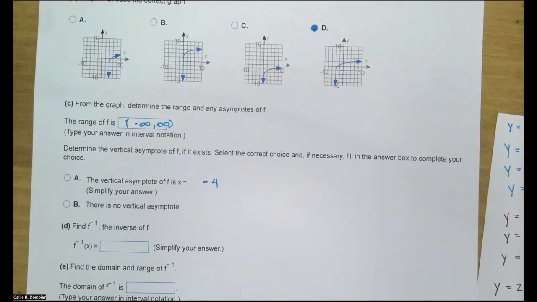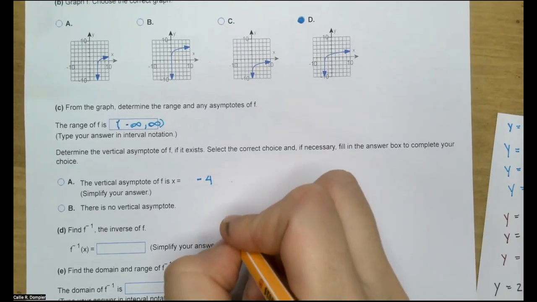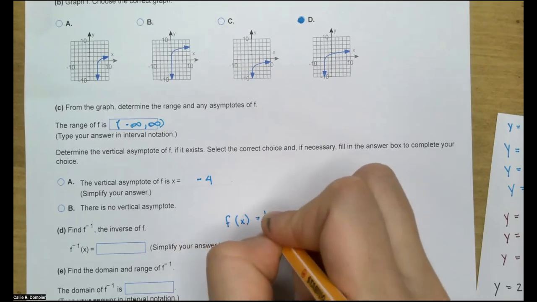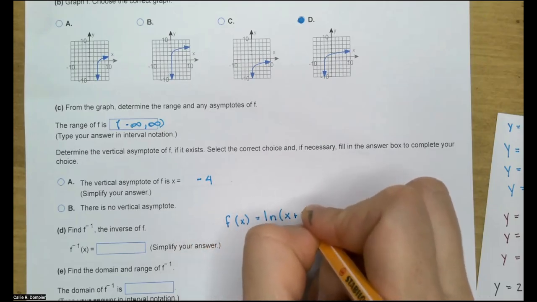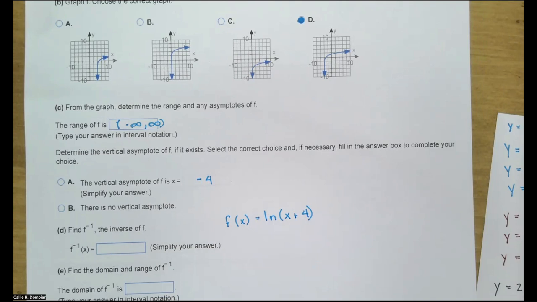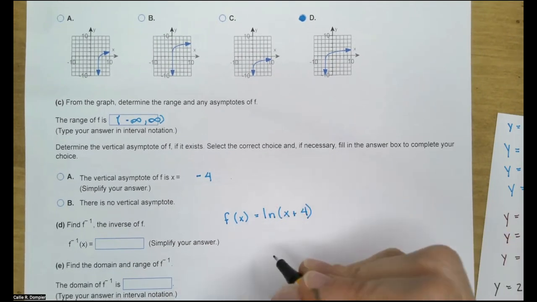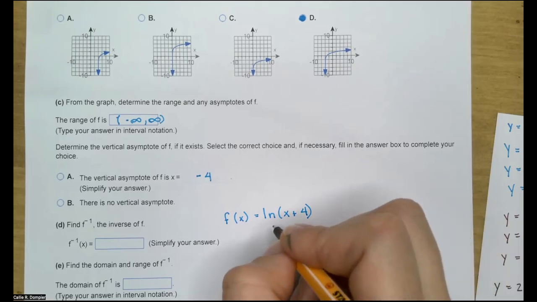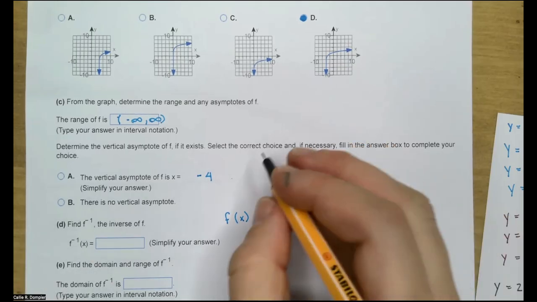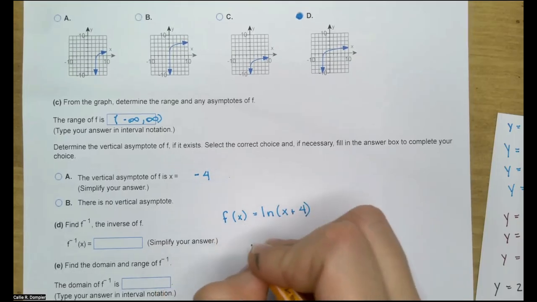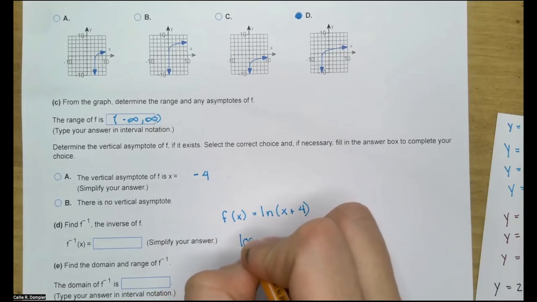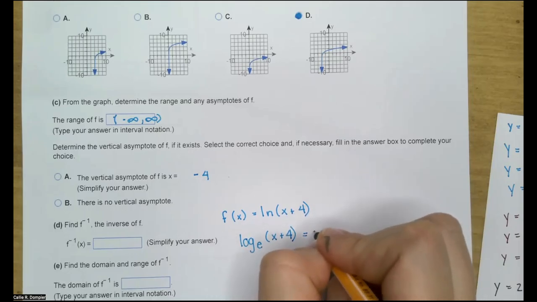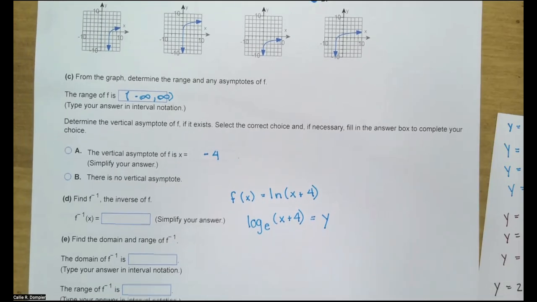All right, so to find the inverse, f of x equals the natural log of x plus 4. I'm going to switch it over to an exponent, right? So the natural log, if I was to rewrite it, that would be log base e of x plus 4 is equal to y, right?